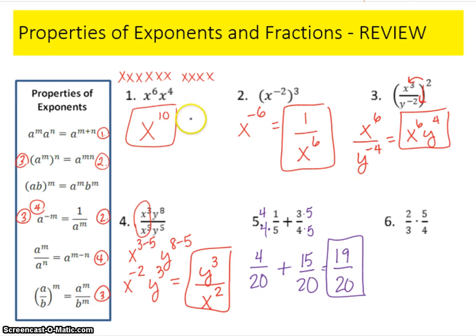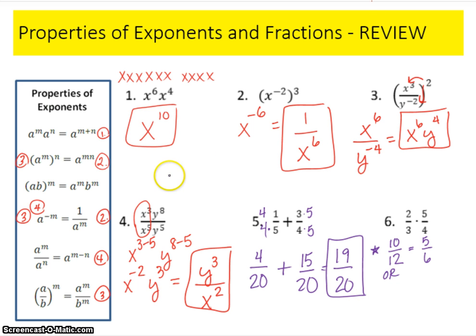Number 6. On number 6, we are multiplying. Now the way to multiply fractions is to multiply across, or you can cancel anything on the top with anything on the bottom first. So one way we can do it is that we can just multiply across and we get 10 over 12, and then we need to reduce, so we get 5 over 6.